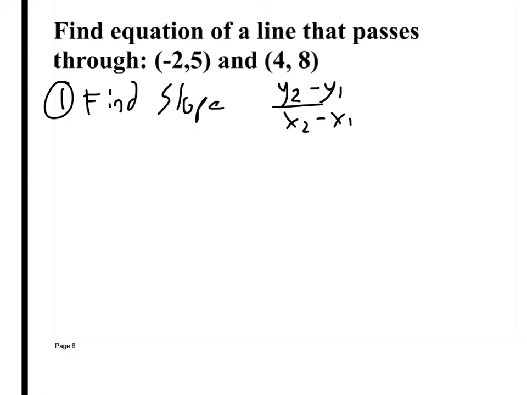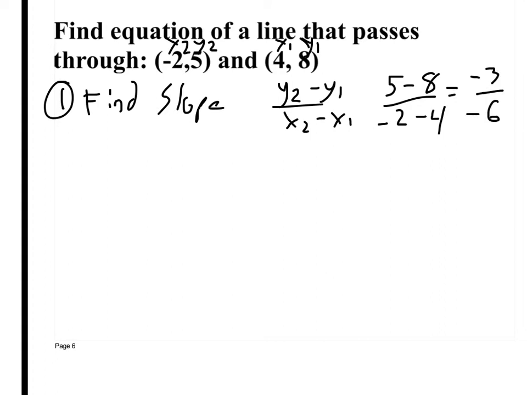So let's do that. I'm going to say this is X1 and this is Y1. This is X2, Y2. So I go 5 minus 8 over negative 2 minus 4. Gives me negative 3 over negative 6, which is what? 1/2. I have found my slope.